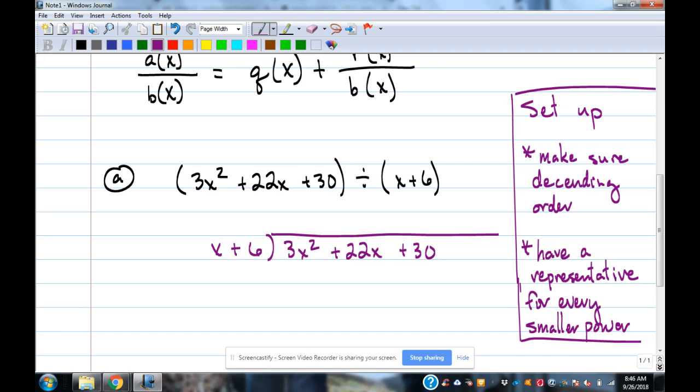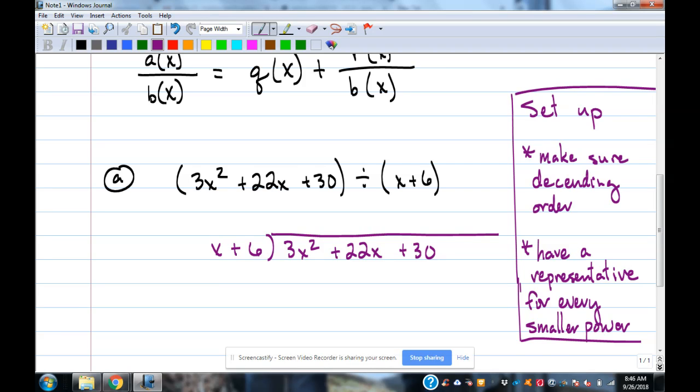So that means once I put it in descending order, I've got the largest exponent first on the inside of the division symbol and on the outside. I want to have a representative for every one. If there is a piece missing, you need to put a 0 and then whatever, x squared. Here we start with x squared.